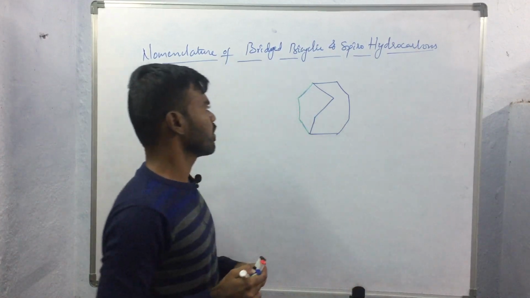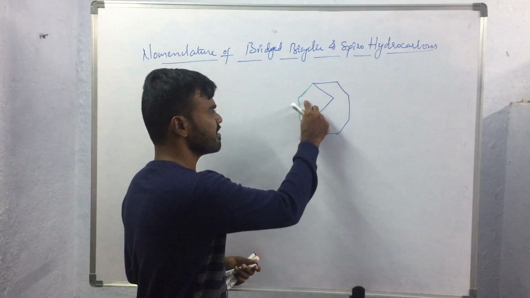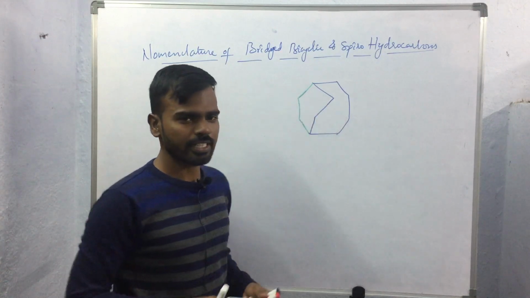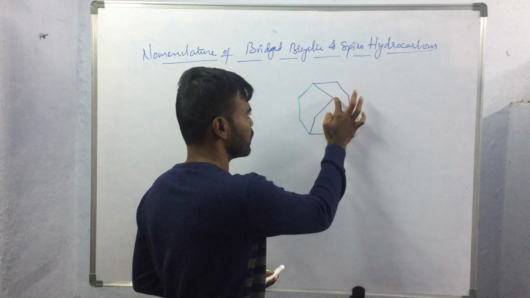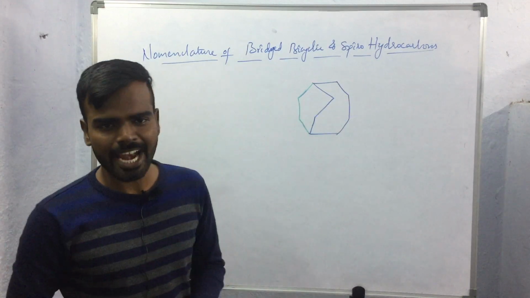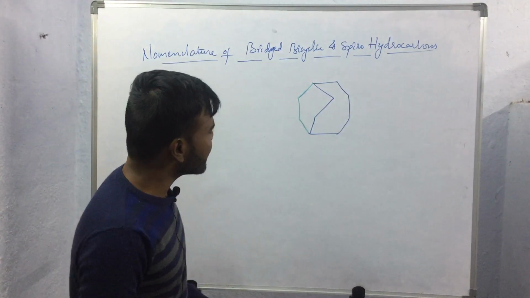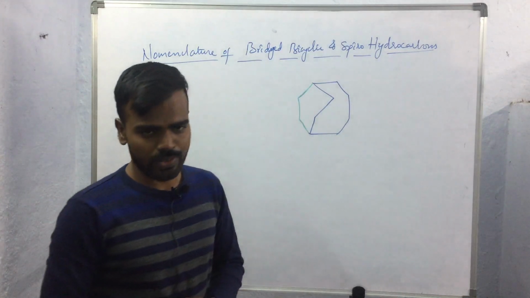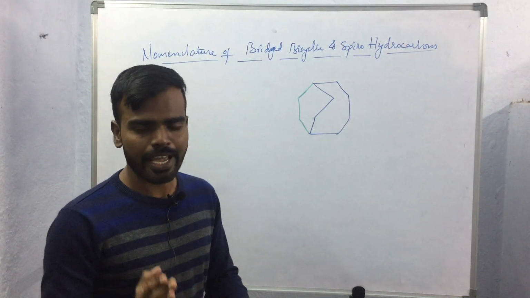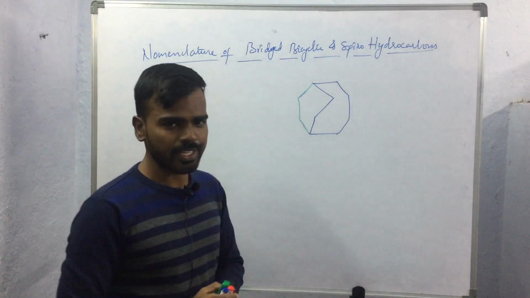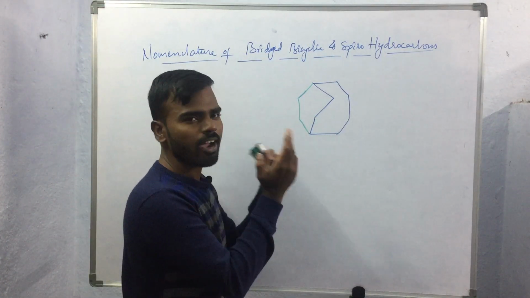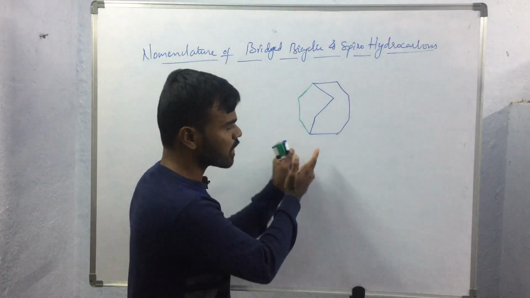So this is one cycle and this is another cycle, and both the cycles have 1, 2, 3, 4 common atoms. While naming these bicyclic hydrocarbons, the first rule we have to remember is we have to identify the major functioning identity, or we can say the functional group.